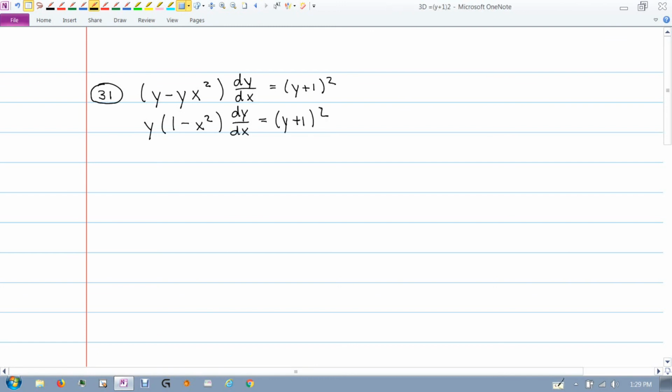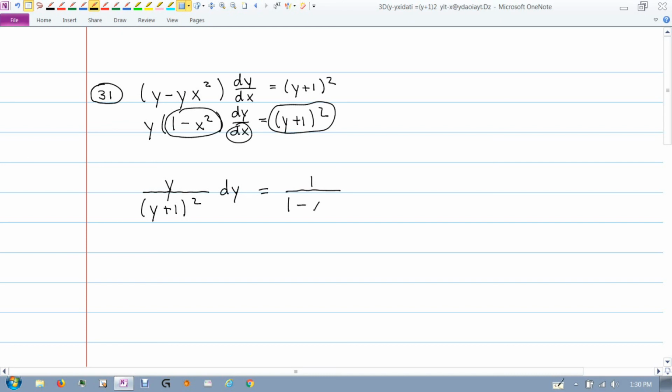Okay, and then let's multiply both sides by dx and divide both sides by this. So the left side will have y, right side is y plus 1 squared, and then dy. And then equals the right-hand side, which I multiply both sides by dx, but then I divide by 1 minus x squared. So, got that.